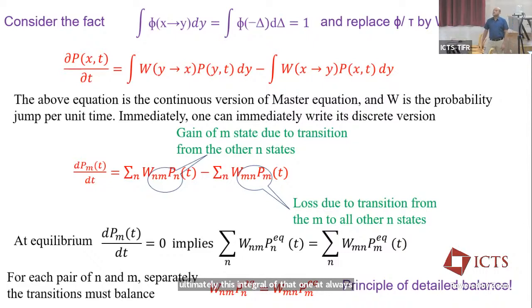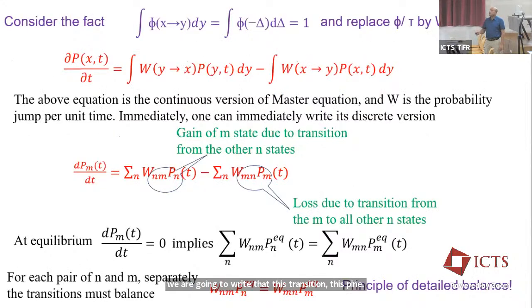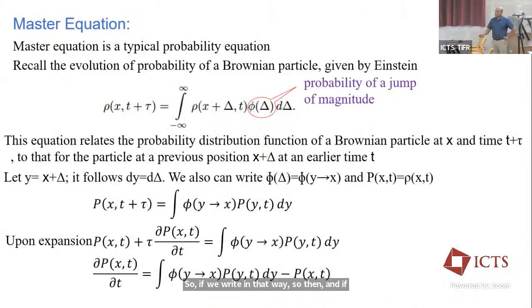Okay, so here we can replace that in the previous slide, where tau is there. We are going to write that this transition, phi y to x or x to y, divided by tau is denoted by this capital W. If we write it that way and substitute this fact, then this one factor we are multiplying there.